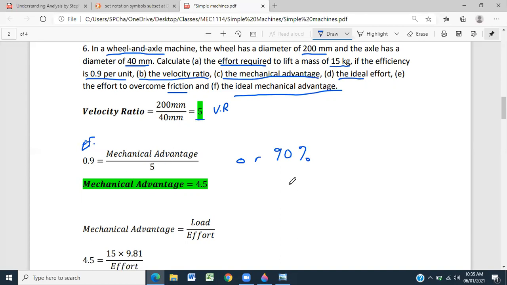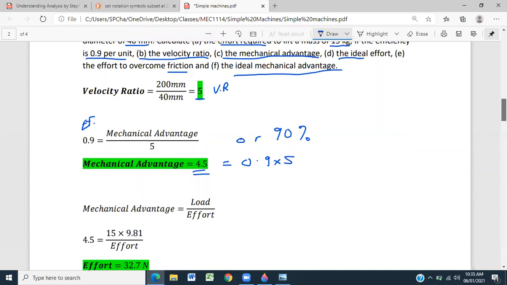Transposing this, we get the mechanical advantage is equal to 0.9 times 5. Putting this into our calculator, we should get 4.5 as the mechanical advantage, just like the previous question.